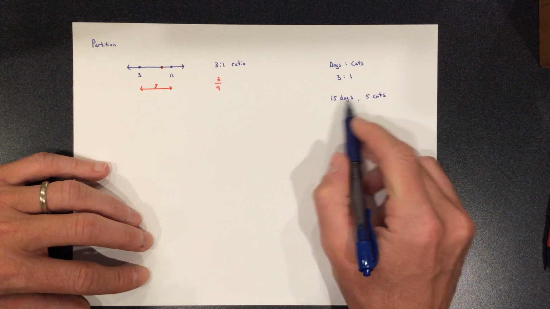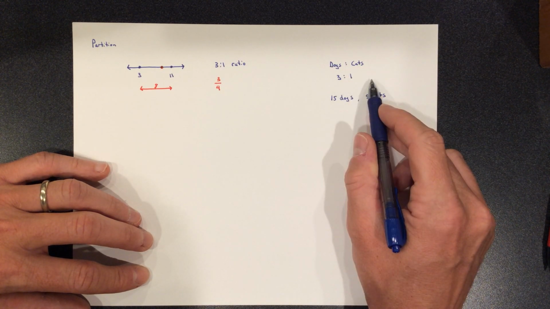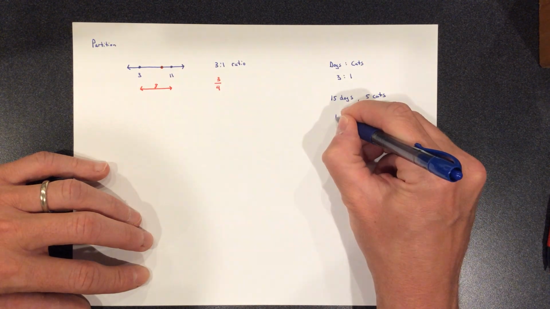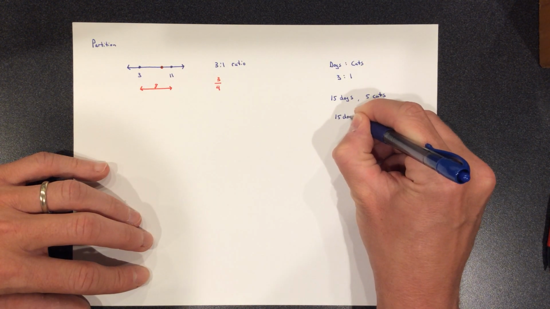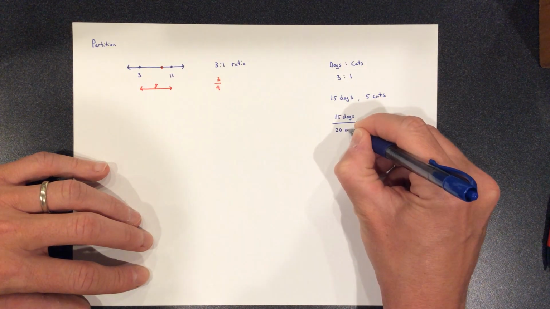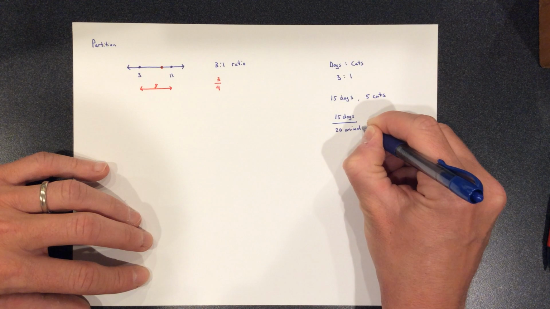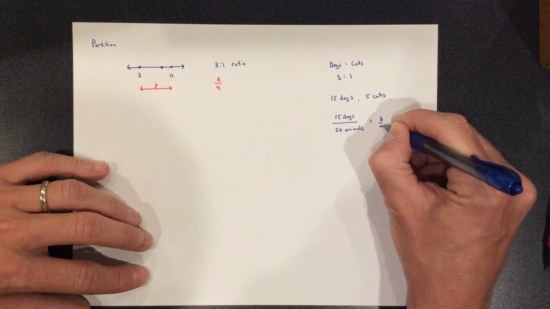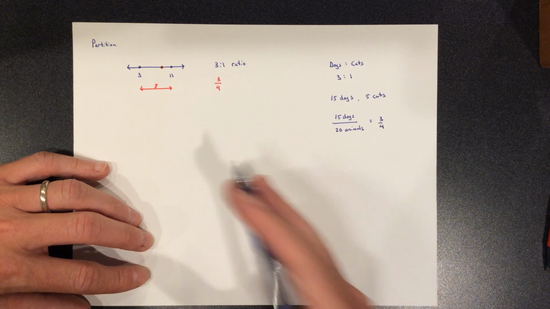You see how 15 dogs and 5 cats is a 3-to-1 ratio? But how many dogs out of the total were there? Well, there were 15 dogs and the total number of animals were 20 animals. Right? So that means 3/4 of the animals were dogs.